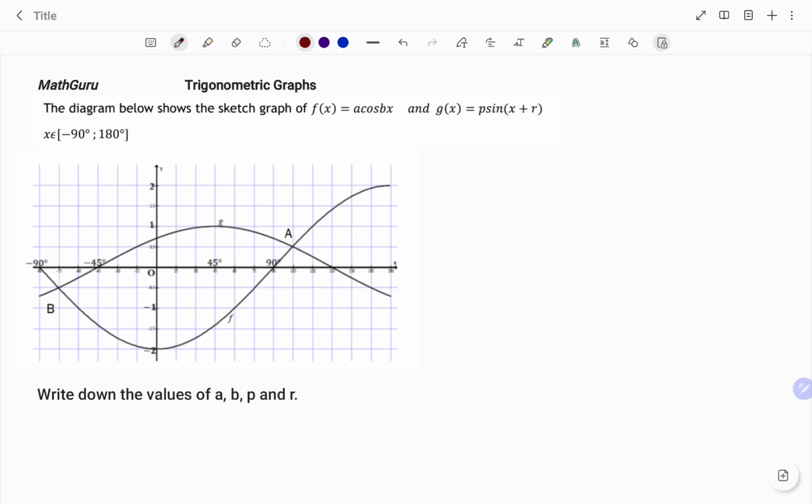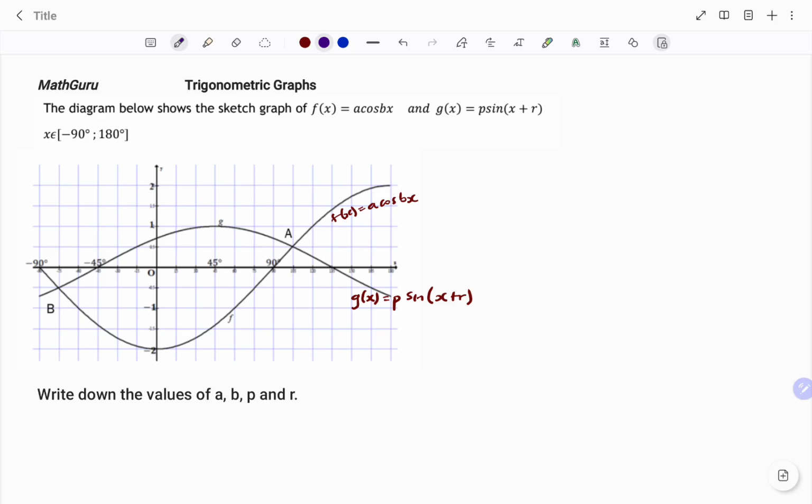What I'm going to do first is to tag my graph. f of x is a cos graph, so I have f of x equals a cos bx, and the graph of g of x, I have that as g of x equals p sine x plus r.